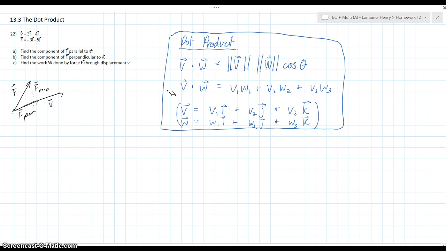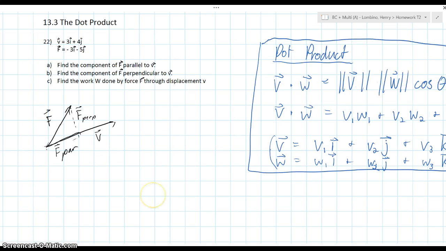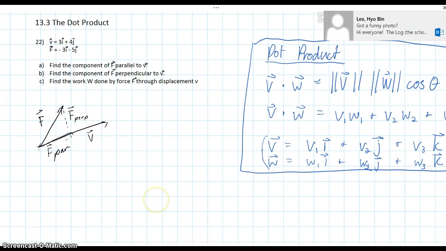All right, so this is problem number 22. It's in 3 parts, so this is going to be a bit of a longer video. The first part is we have to find a component of f parallel to v. I'm going to try to zoom a little bit. Okay, here we go. So I drew a nice little diagram.